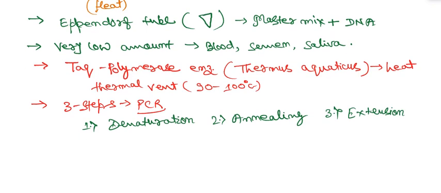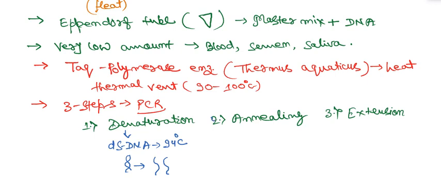First, denaturation. In this process, our double-stranded DNA molecule is placed at 94 degrees Celsius, so the double-stranded molecule gets denatured. At this temperature, the strands separate from each other and are converted into single strands, and each single strand functions as a template molecule.